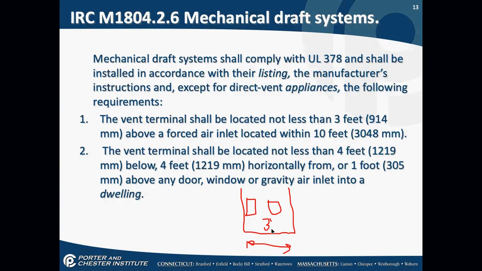No. Not under the windows. Maybe I could get above the windows, but if that furnace is in the basement, I have a problem. Can't do it.